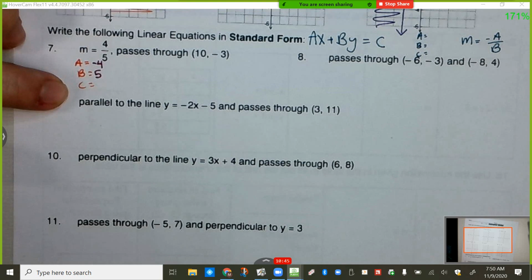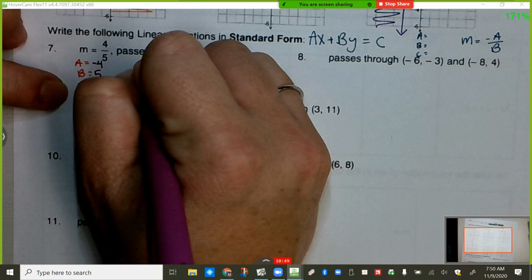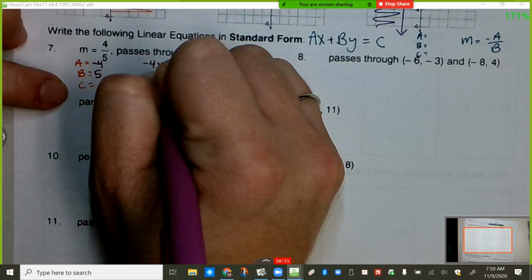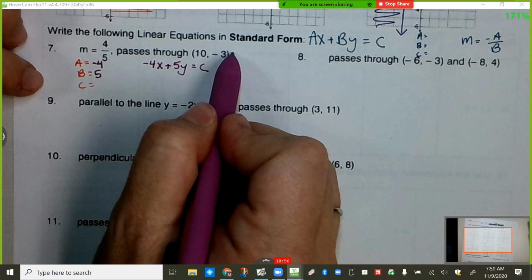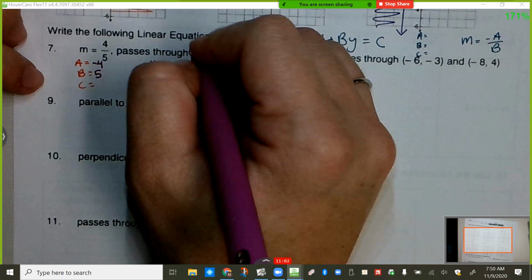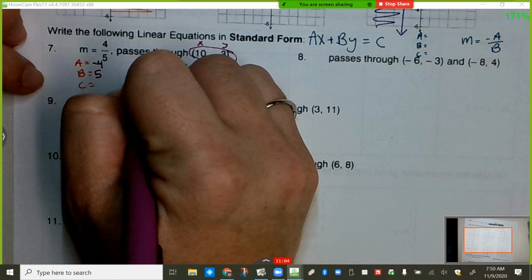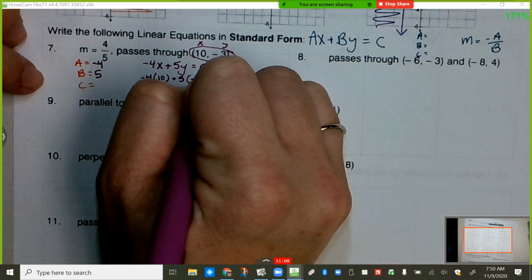Okay, so we're most of the way there. So we're going to plug in what we know. -4 times x plus 5y equals c. Well, also, doesn't it tell us this point? So we can plug that point in for x and y. This is my x, this is my y. So -4 times 10 plus 5 times -3 equals c.